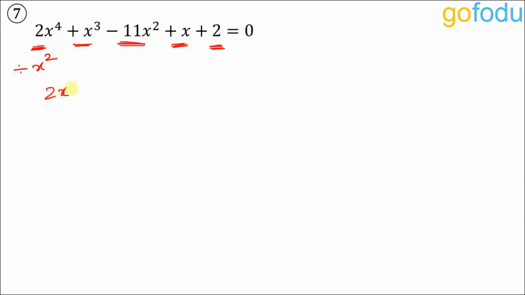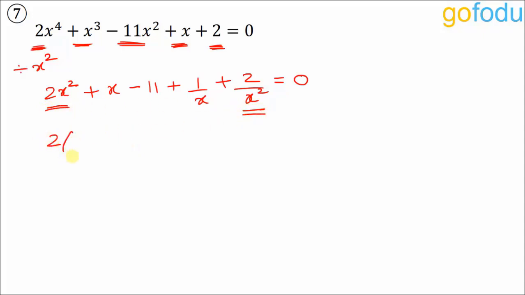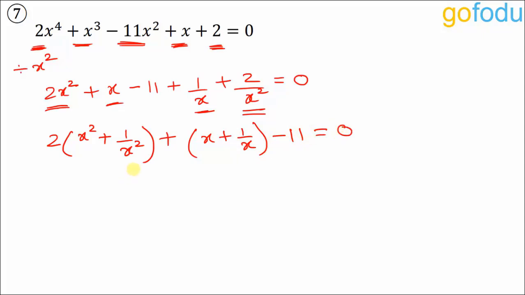So this is 2x to the power 4 divided by x square will give 2x square, plus x cube divided by x square will give x, minus 11, x square will get cancelled, plus 1 upon x plus 2 upon x square is equal to 0, right? Now club these two terms, take out 2 common, this is x square plus 1 upon x square, plus club these two terms, x plus 1 upon x, and minus 11 is equal to 0.